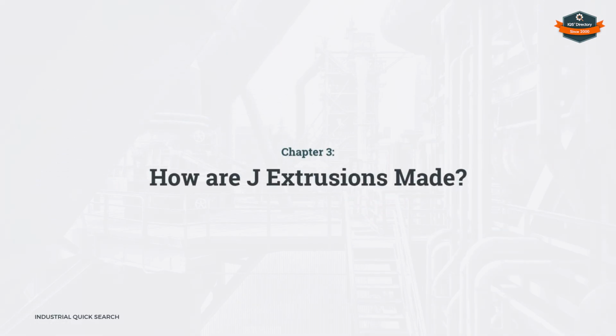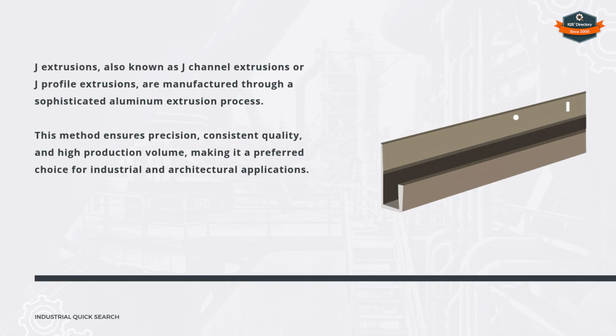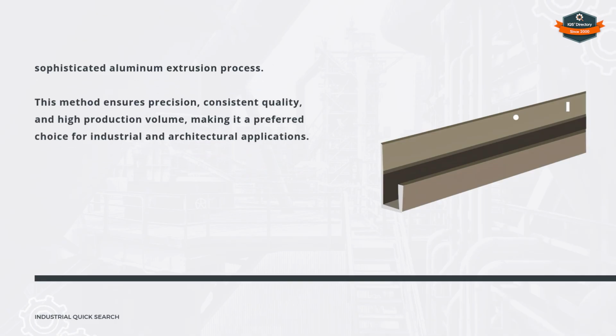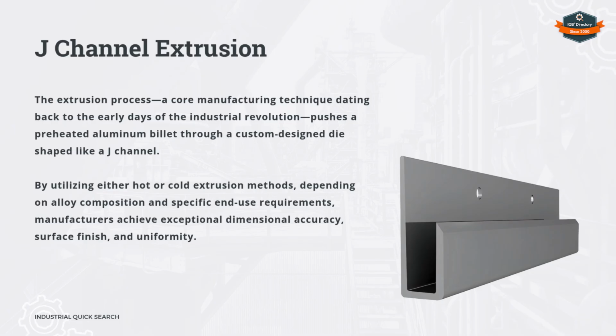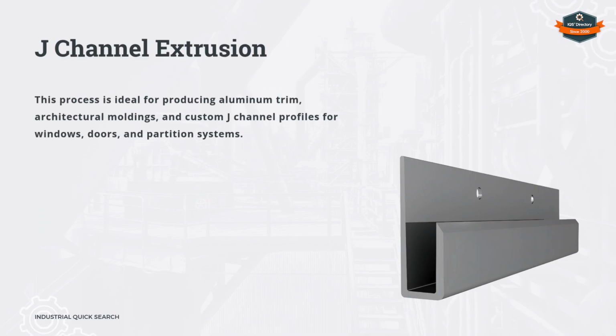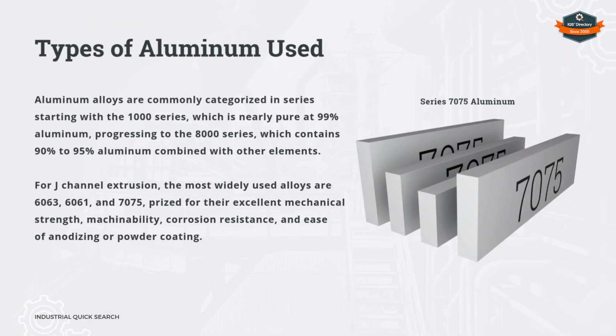Chapter 3. How are J extrusions made? J channel extrusion. Types of aluminum used.